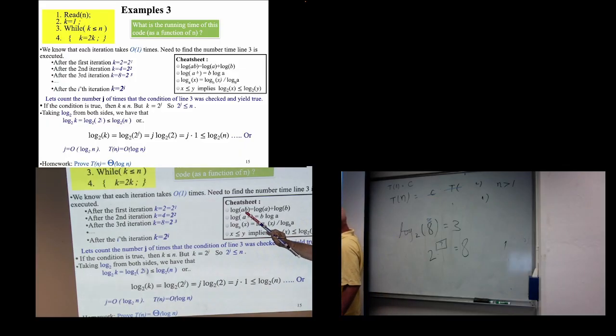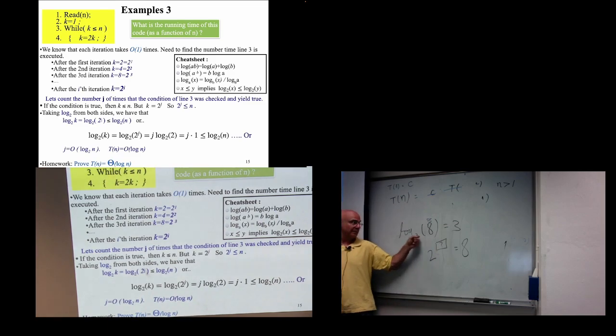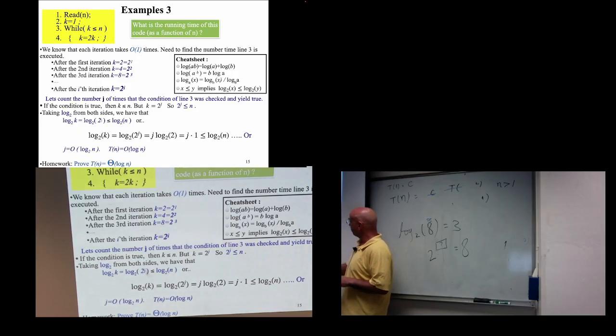If I have two numbers, a and b, and I look at log, no matter what the base, of a times b, it's just like taking the log of a and adding to it the log of b. Of course, the base of the log, this small number over here, should be the same in all three places. Okay, log of a times b is log of a plus log of b.